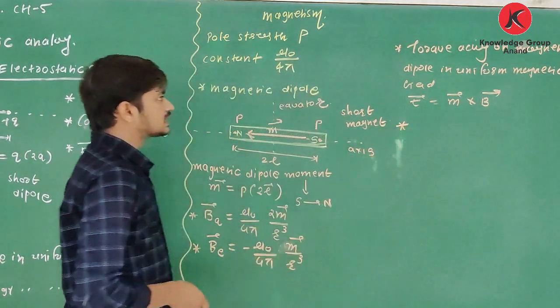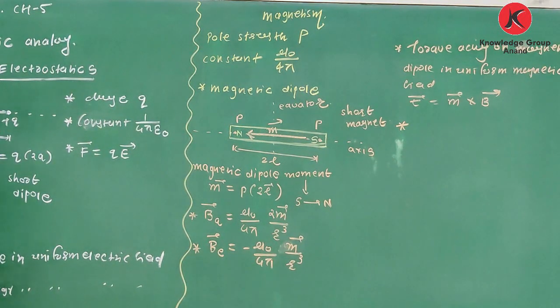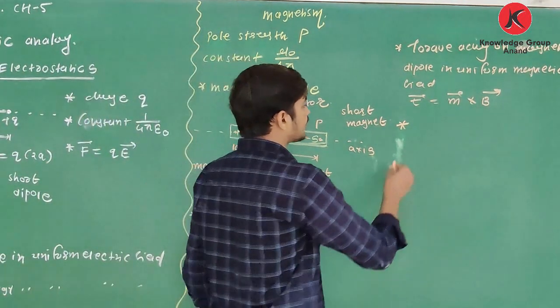Next, what was the last question? Potential energy of a dipole in a uniform electric field.